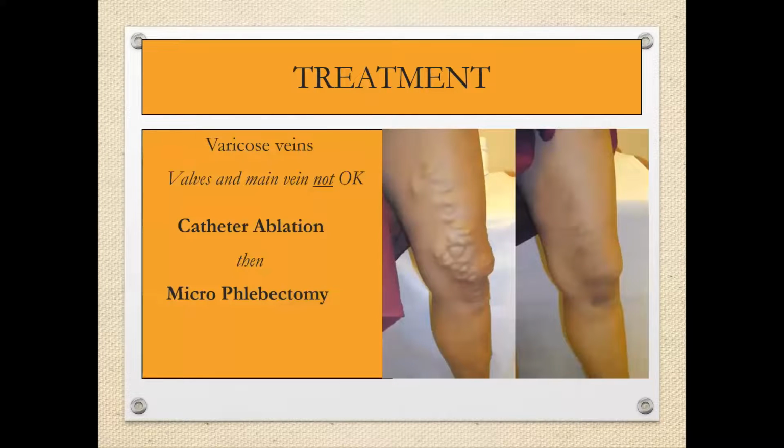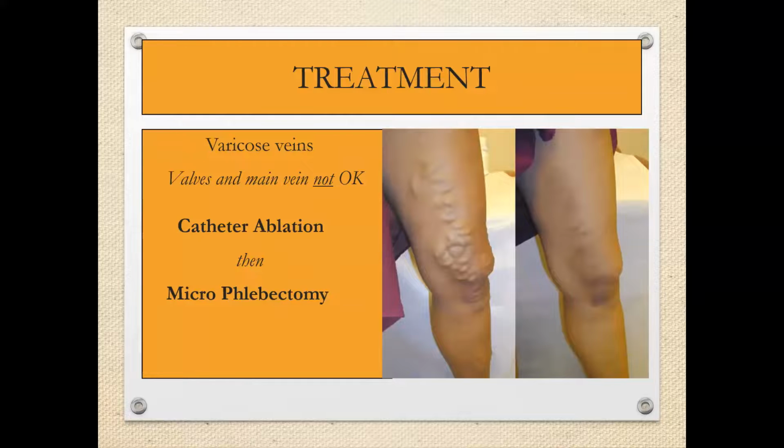How about these large varicose veins that we see? Most of the time, these are related to that underlying vein that is malfunctioning. So this patient gets two things which are done at the same time. One is that catheter ablation, where we numb the skin. We put that needle into the vein.